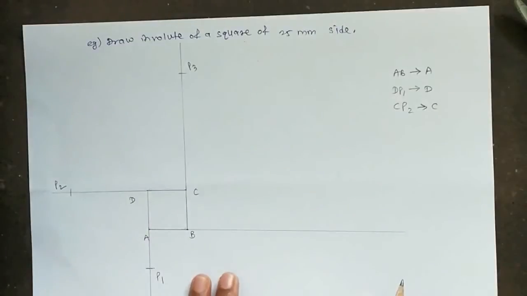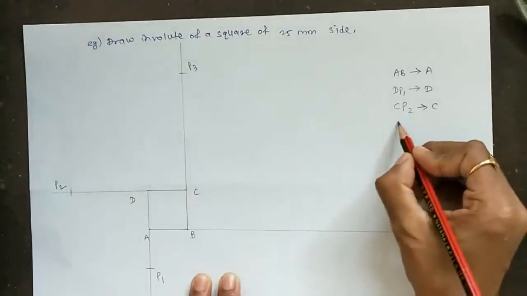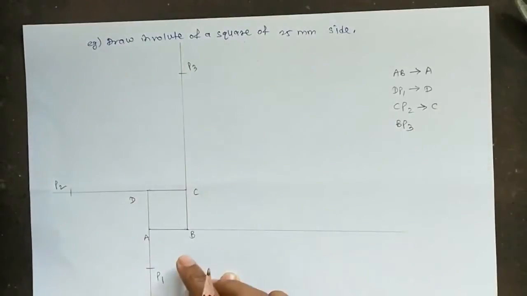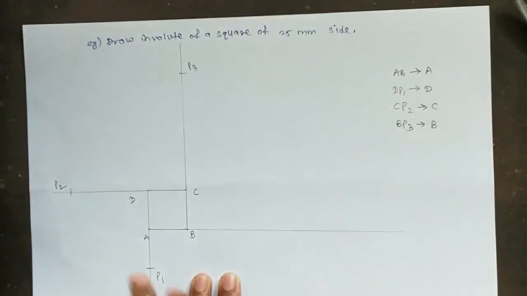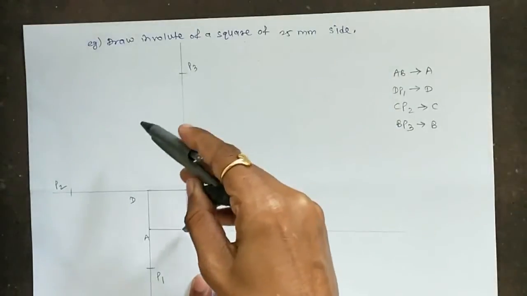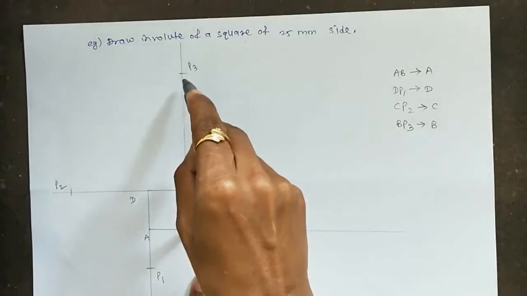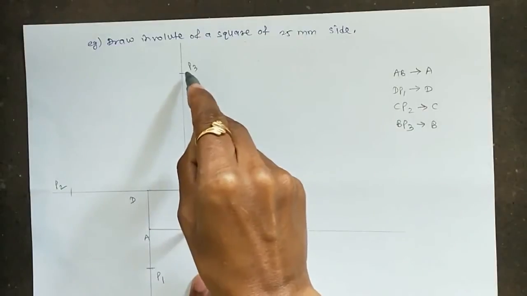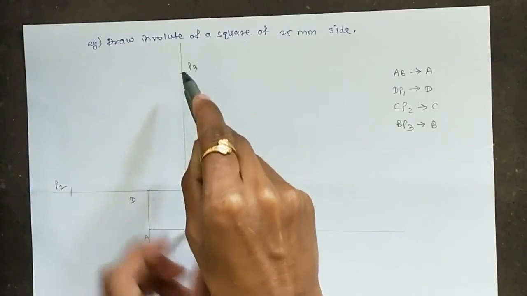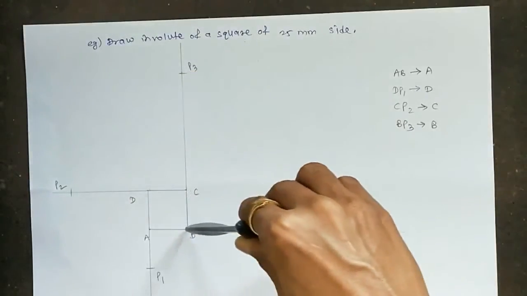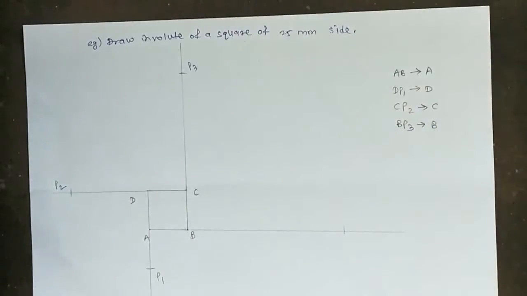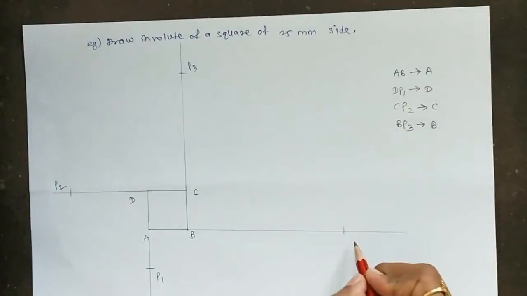Now last, take distance BP3 and center point as point B and draw an arc on this extended line. Give name to this point as point P4.